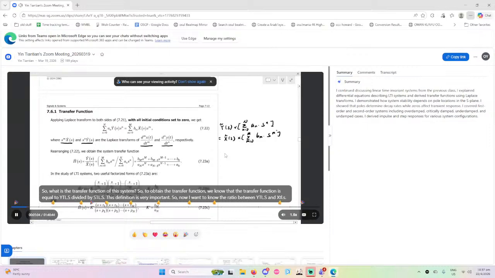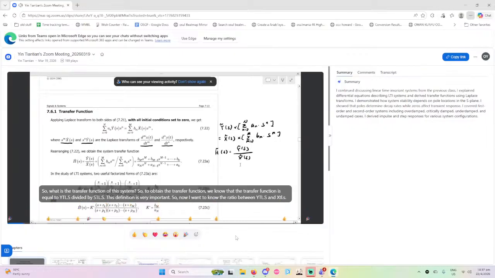Okay. So what is the transfer function of this system? We know that the transfer function is equal to Y tilde s divided by X tilde s. This definition is very important. So now I want to know the ratio between Y tilde s and X tilde s.